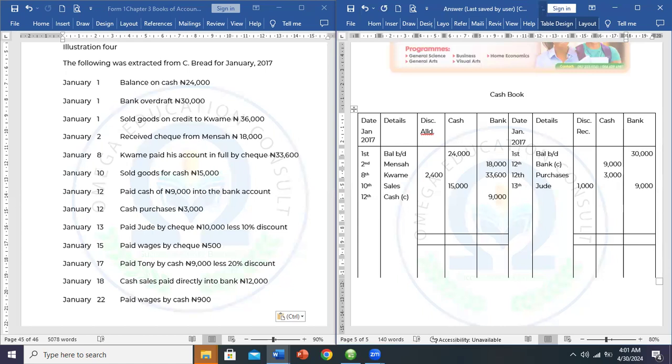The next one, paid wages by check. So another payment, which is on the 15th, wages under the check, 500. The next one, paid Tony by cash, less 20% discount. So we are making another payment on the 17th.